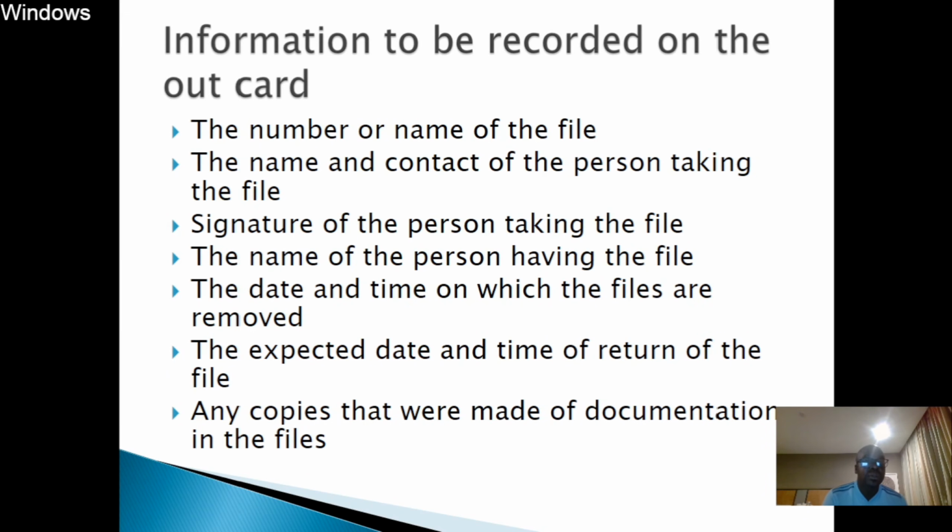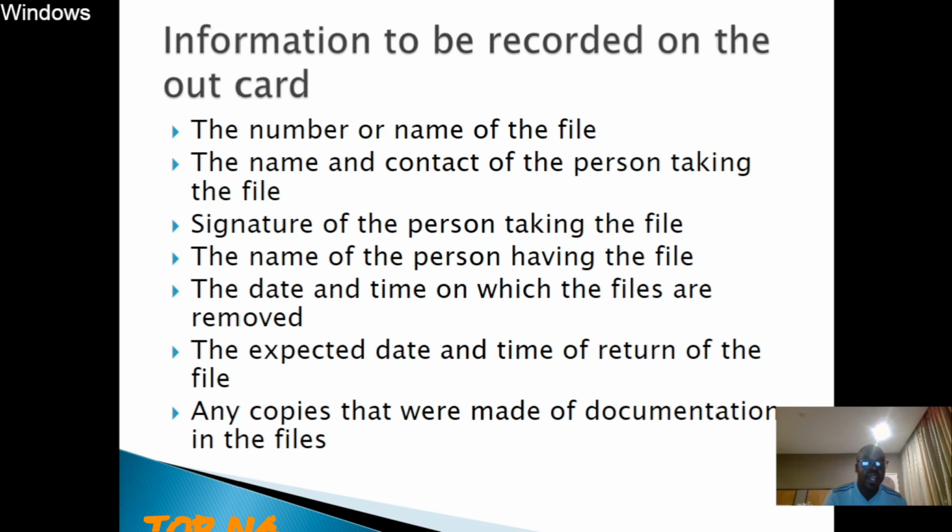The number or the name of the file, the name and the contact of the person taking the file, signature of the person taking the file, the name of the person having the file, the date and time on which the files are removed, the expected date and time of return of the file, any copies that were made of documentation in the file.